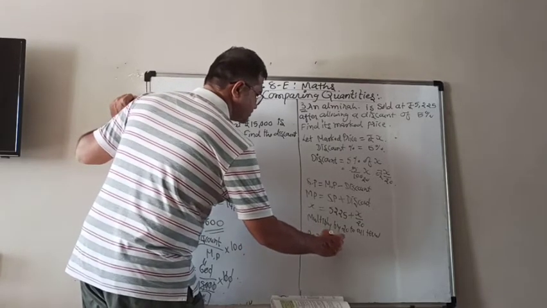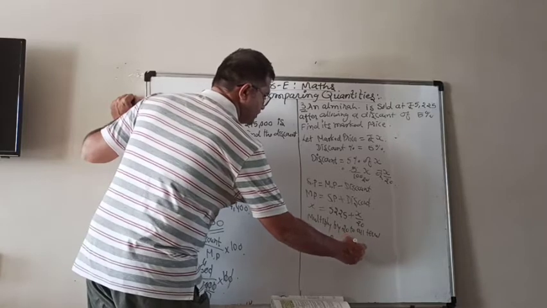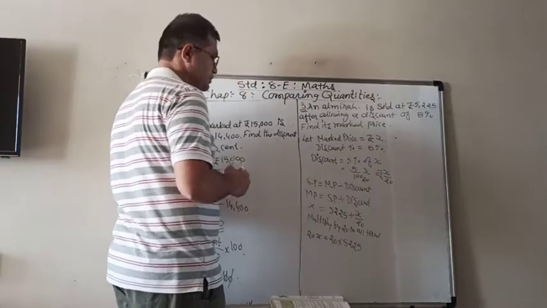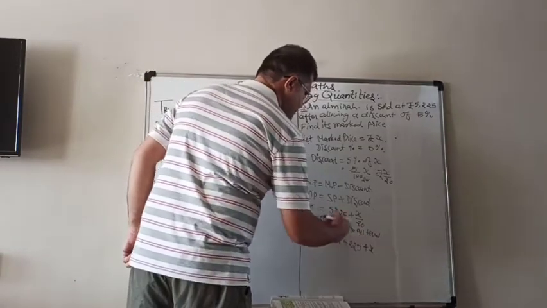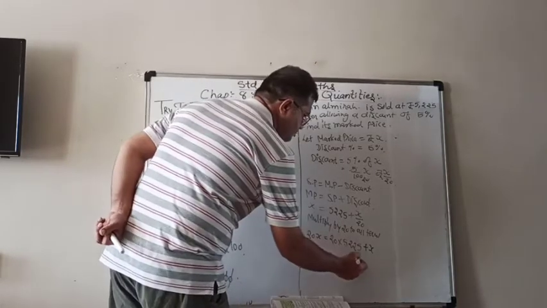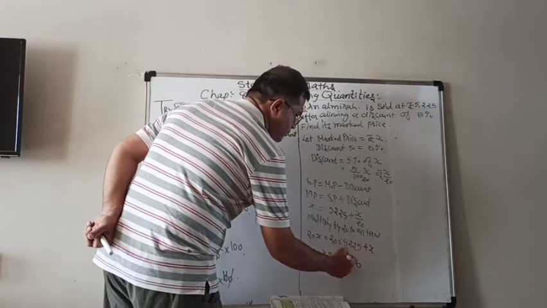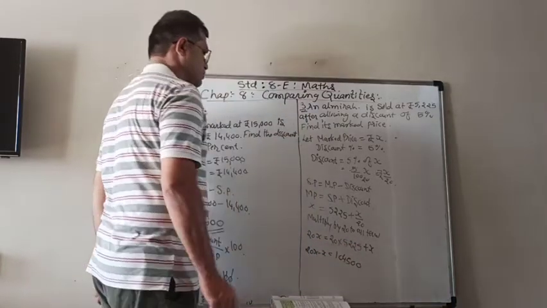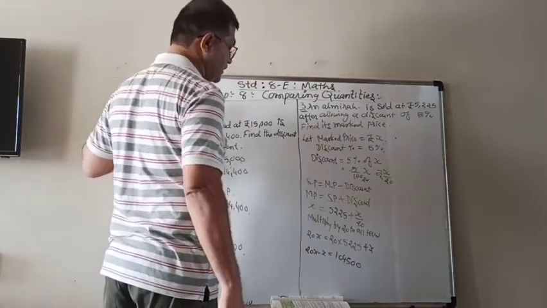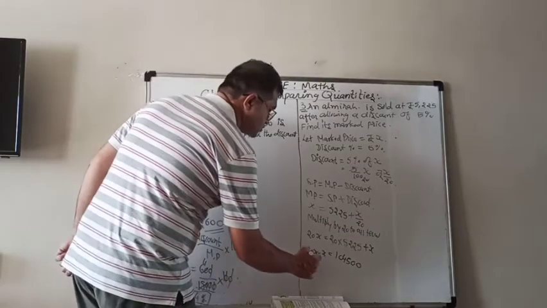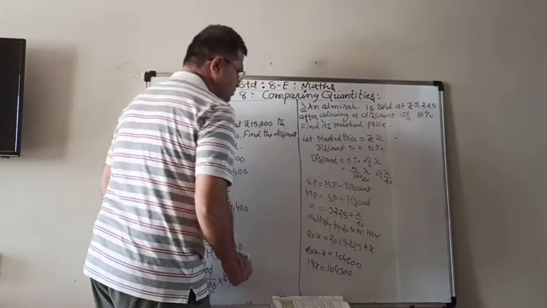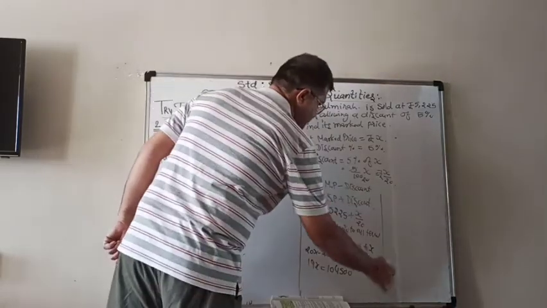So 20x is equal to 20 multiplied by 5225 plus x. So 20x minus x is equal to 1,04,500. So 19x. Now we have to divide it.